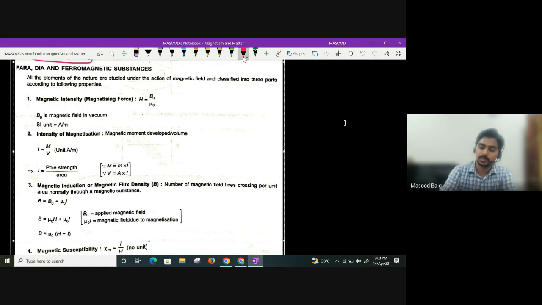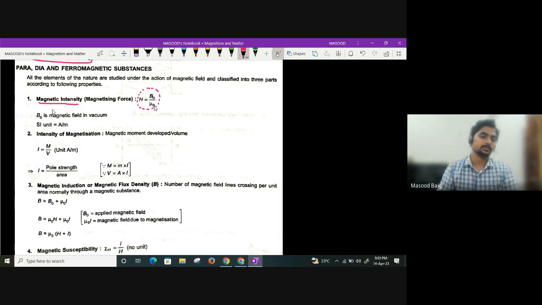The first property is magnetic intensity. It is also called magnetizing force. It is given as the ratio of the applied magnetic field to the absolute permeability. Then we have intensity of magnetization. What is intensity of magnetization? It is the magnetic moment developed per unit volume, or I can also write it as pole strength per unit area.